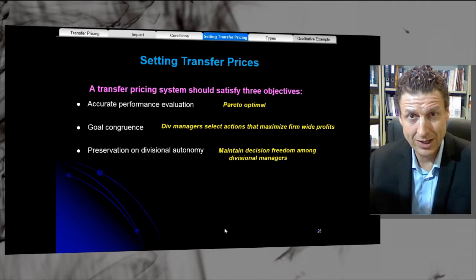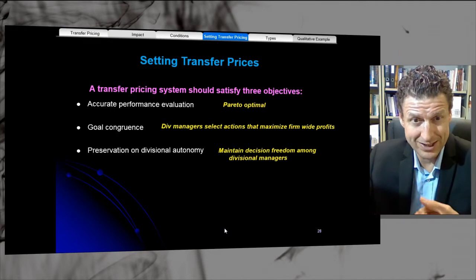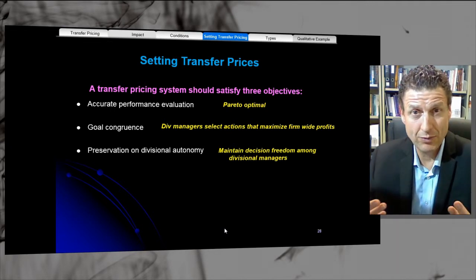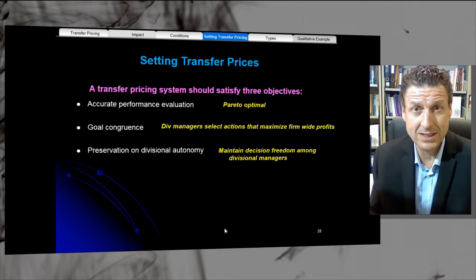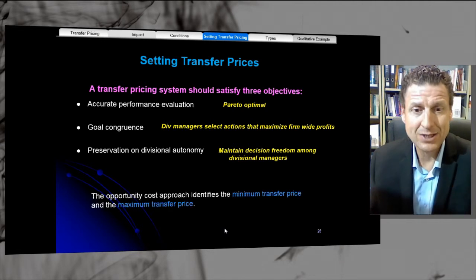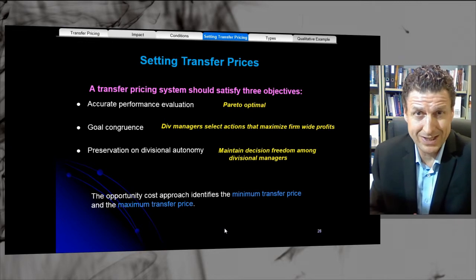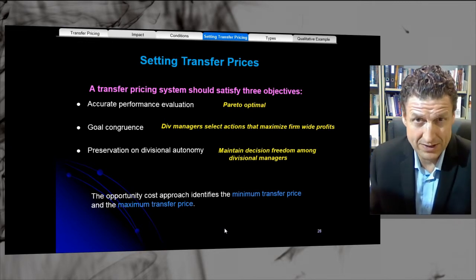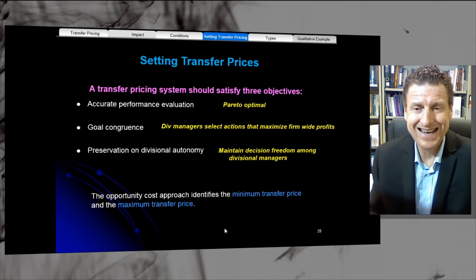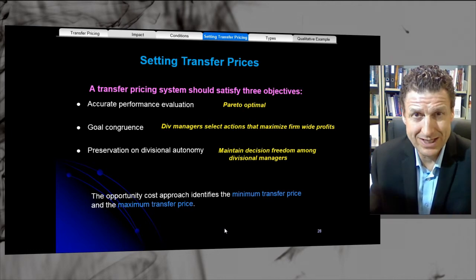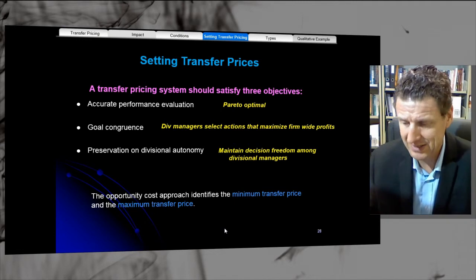We want to try and get divisions to work with each other, but at the same time we want divisions to feel as though they have some autonomy. So we try and use an opportunity cost approach in dictating the minimum transfer price required, and that approach is to identify the minimum transfer price and the maximum transfer price.